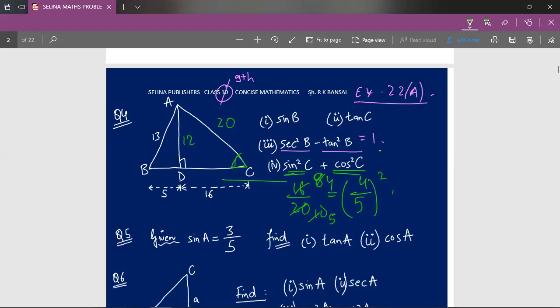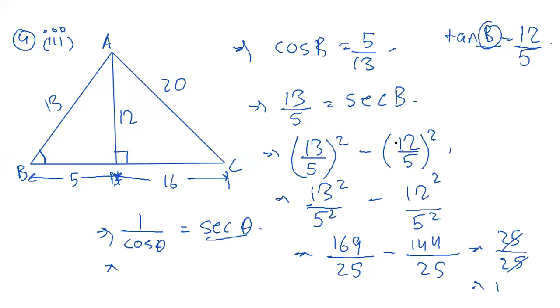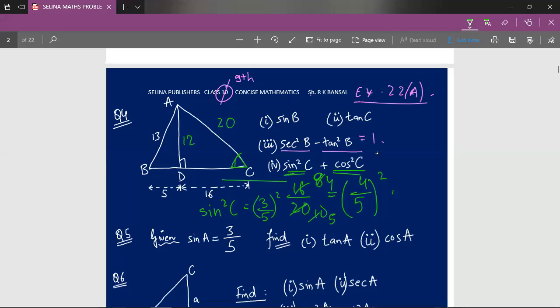So our final statement would be, I'll clear all of this, hope you have noted all this down. So this is the fourth part of the fourth question. So once we have found out the values of sine square C and cos square C, here the question states find sine square C plus cos square C. So our sine square C is 3 upon 5 whole square plus cos square C, that is 4 upon 5 whole square.